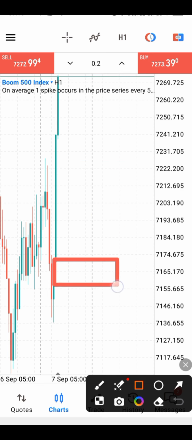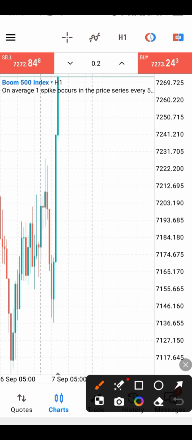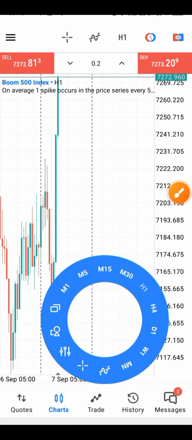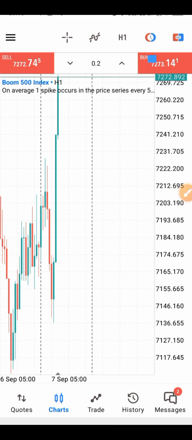That is, we are waiting for a retracement in the normal market to come back and fill up this gap. So we need something like this to happen.